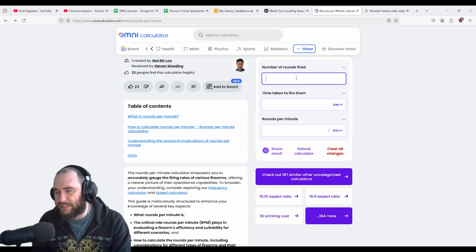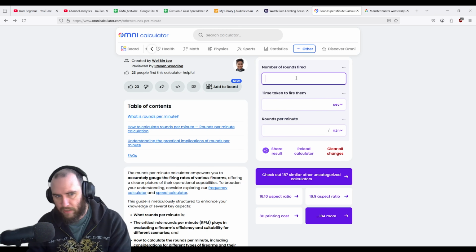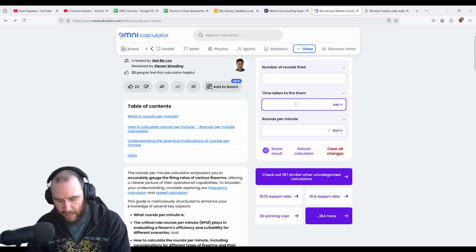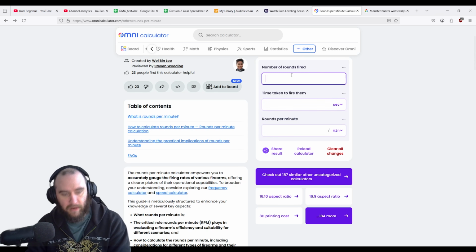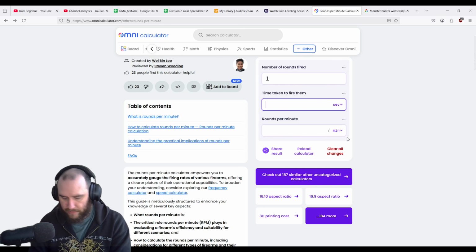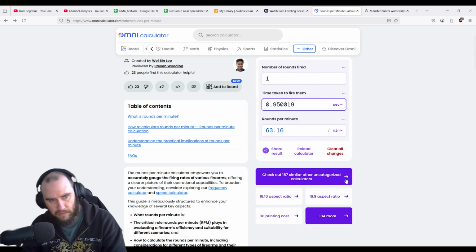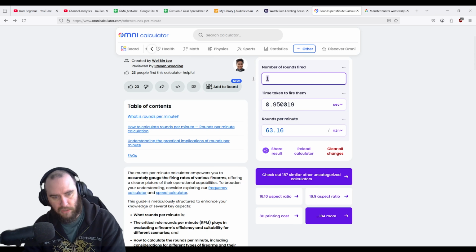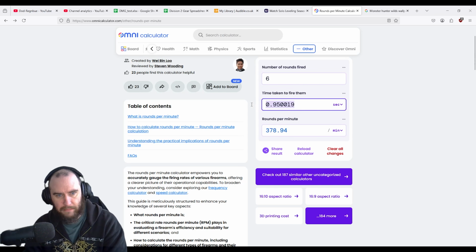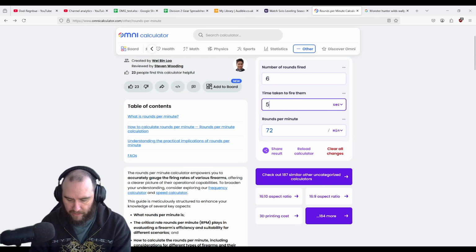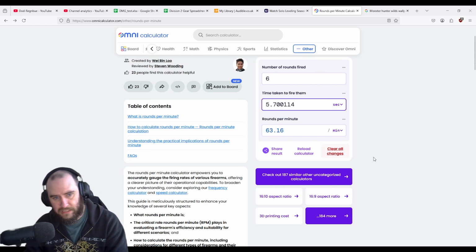So our firing interval in terms of hundredths, because this is going to be calculated in hundredths, is we fired one round every 0.950019, which gives us a rounds per minute of 63. We could also try, because we had a 6-round mag, and we fired these in 5.700114, and it still gives us a 63 rounds per magazine.